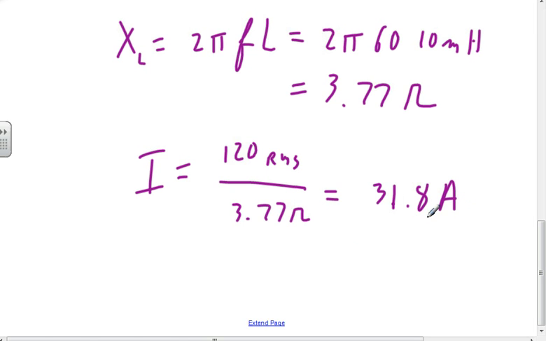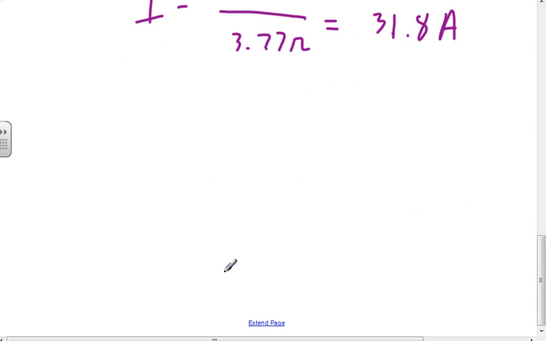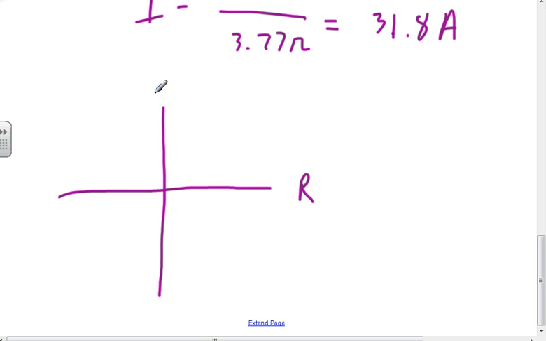Now, this is my real axis, this is my imaginary axis. My imaginary axis is the square root of -1. My resistance is on the real axis.